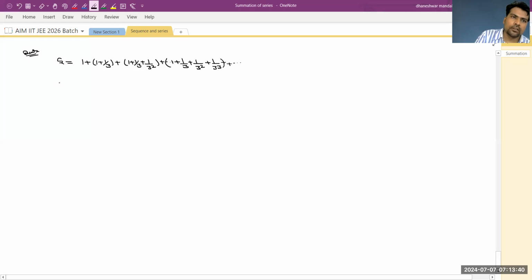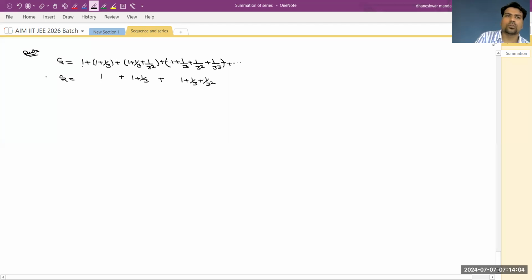Now the same method is there. Take s here and subtract this 1 from this term, and write this 3 term just below the third term. In a similar way, write this third term just below. Is this clear?